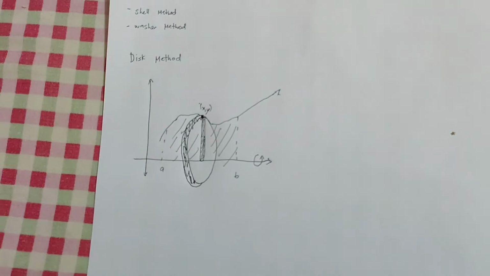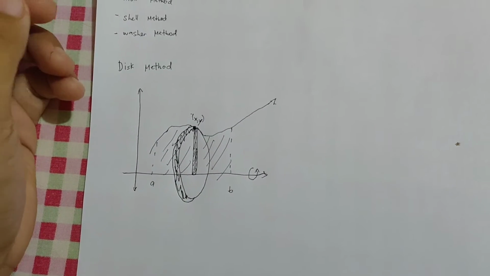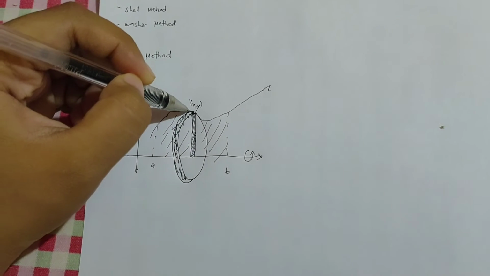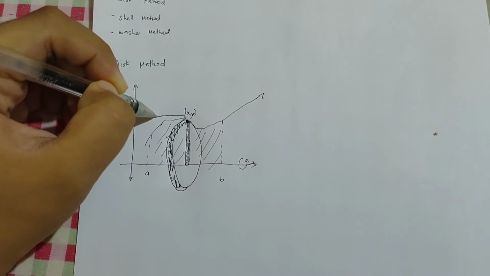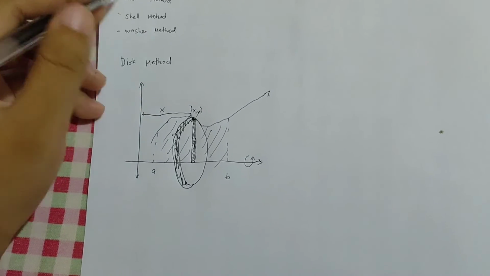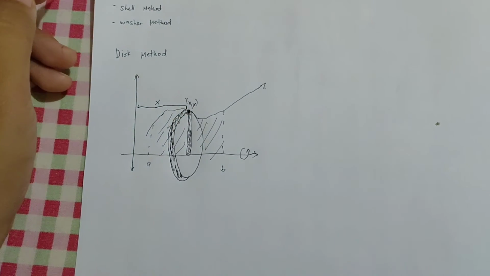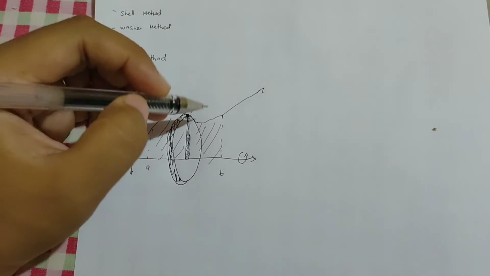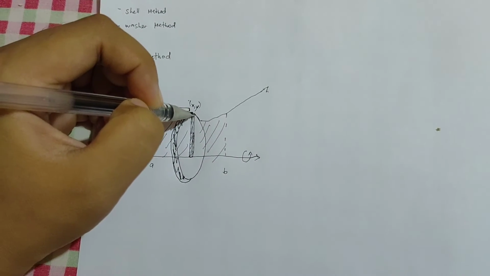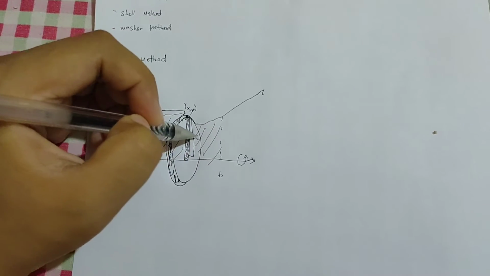And then we will label it now. The distance from here to here will be our x. And then the height of this will be our y.